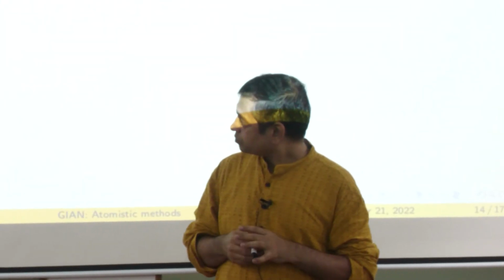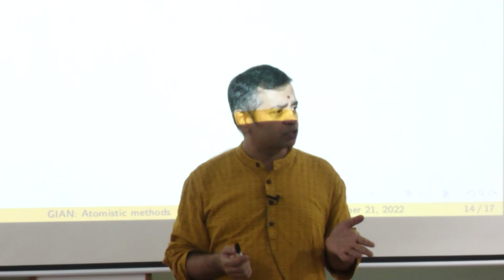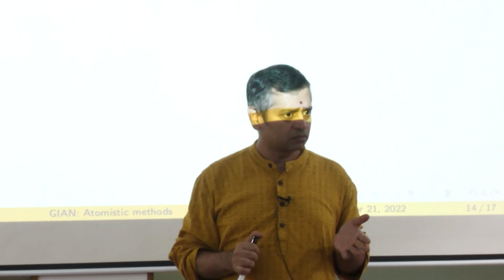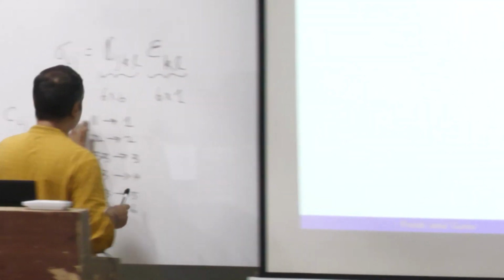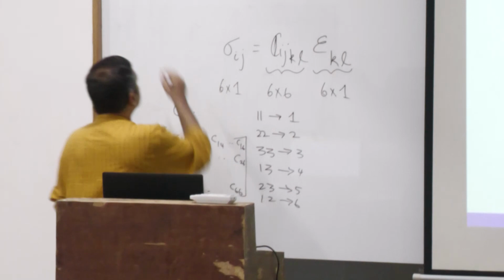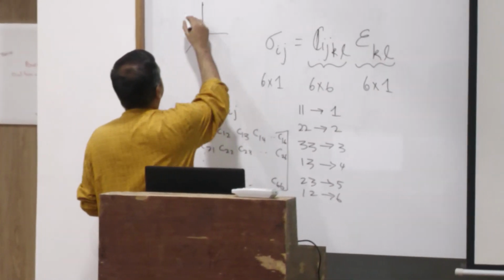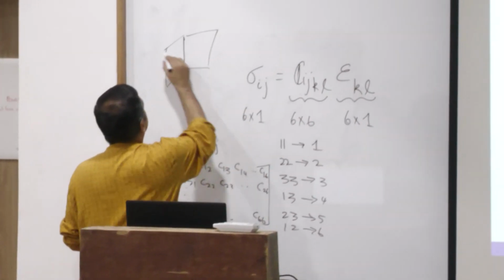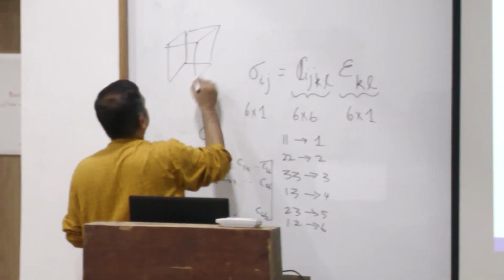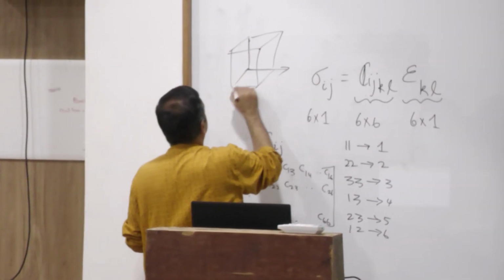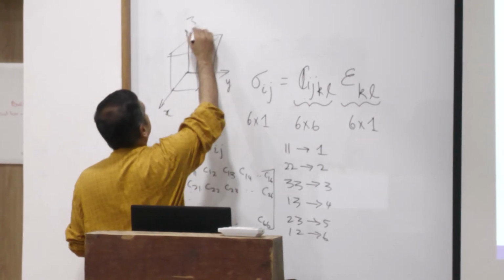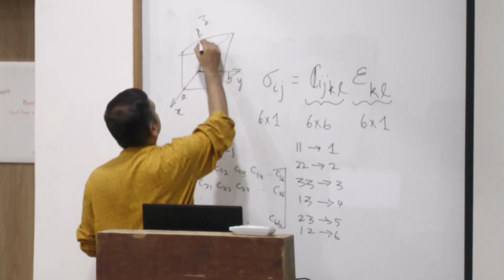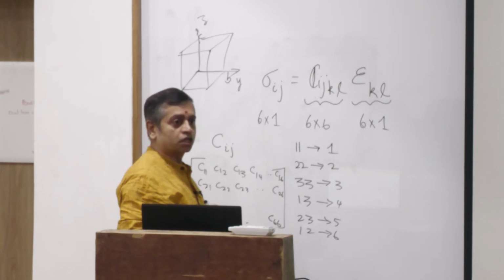Now, 1, 2, 3 refer to the x, y, z directions. So when we are writing this, we are writing it in the crystal a, b, c coordinates. Those are the 1, 2, 3s.